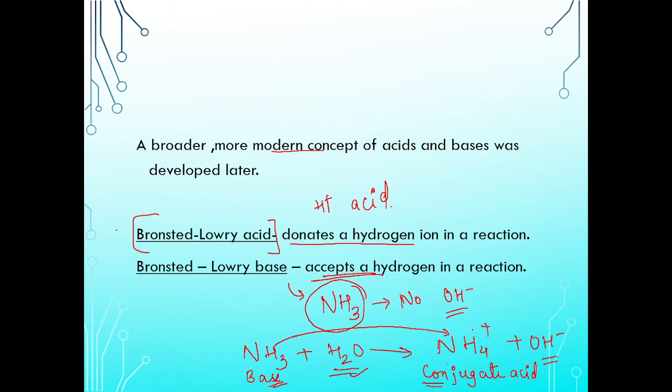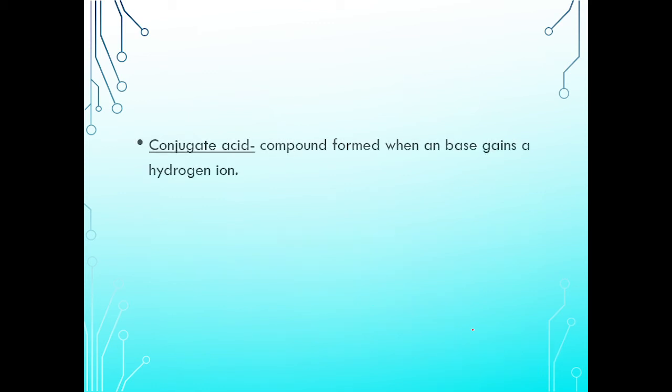So moving further, the same thing I have mentioned over here, and that is the concept of conjugate acid and base. So what is a conjugate acid? The compound formed when a base gains a hydrogen ion, right? The same thing which I have explained in the previous slide.